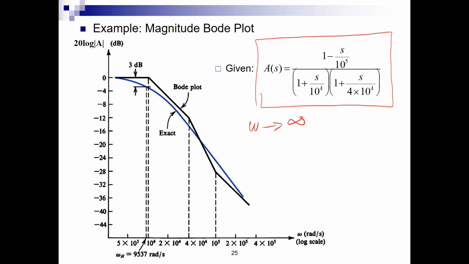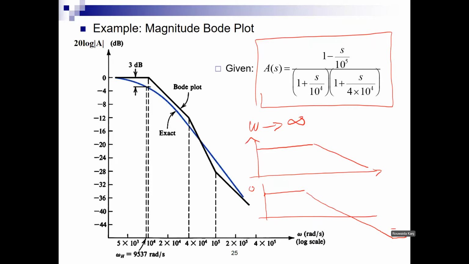Okay, let's go back and review one pole. Its magnitude distribution is like this, and its phase starts from 0 and then drops to minus 45 degrees, and at infinity what does it become? What is the contribution of the pole? Minus 90. Minus 90 degrees. So each individual pole will contribute minus 90 degrees.